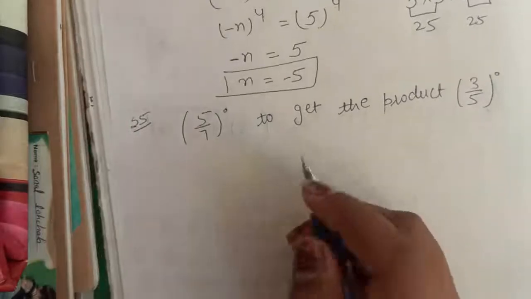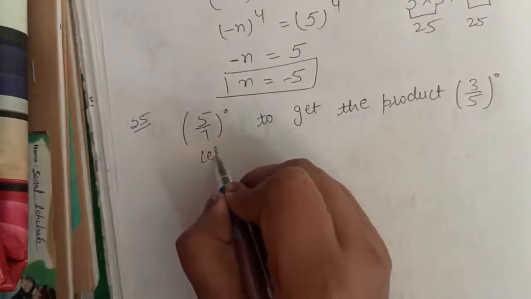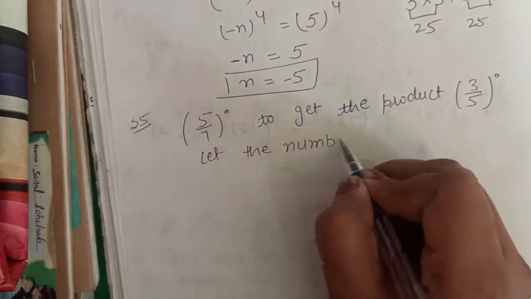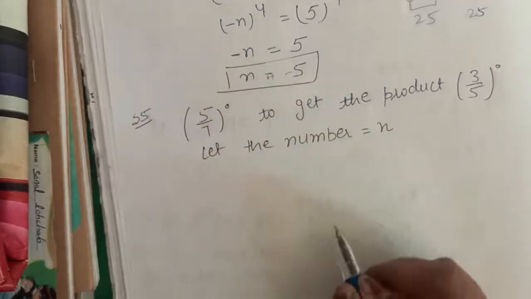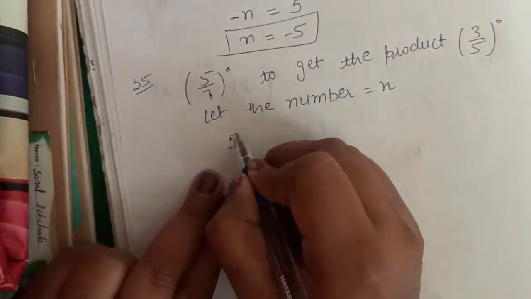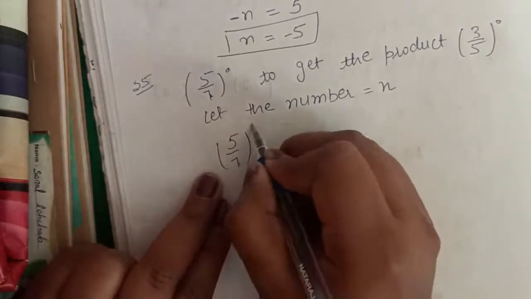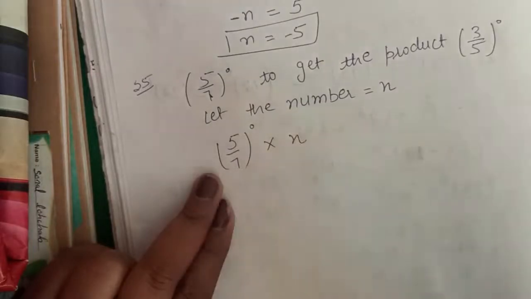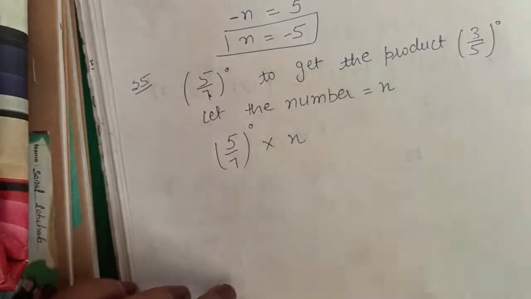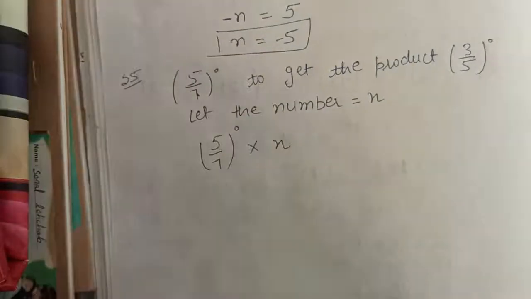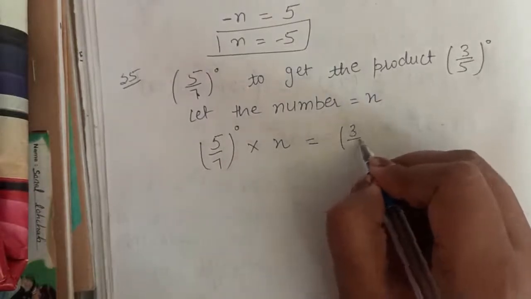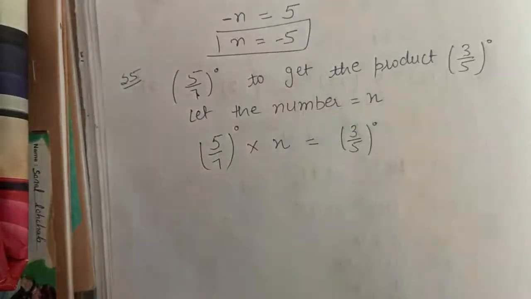Firstly, let the number equal x. Multiply this 5 by 7 to the power 0 by x to get the product, and the product equals 3 by 5 to the power 0.